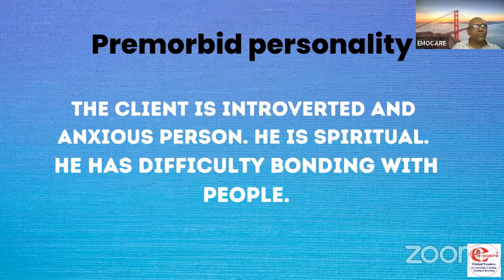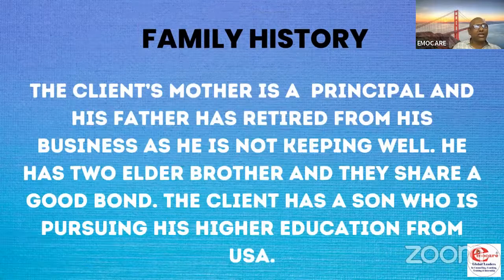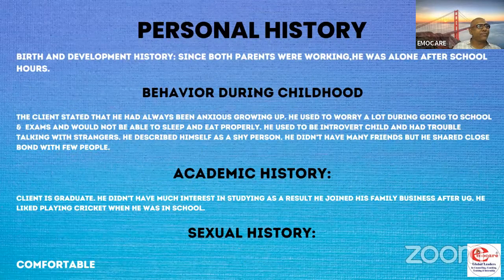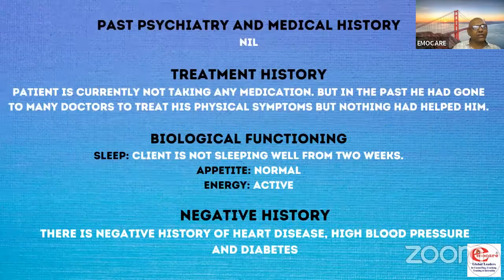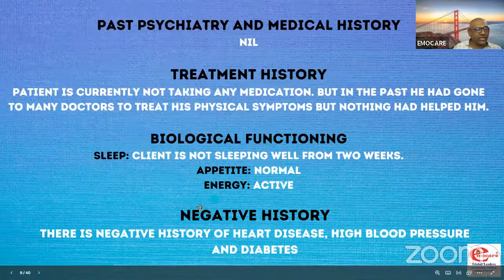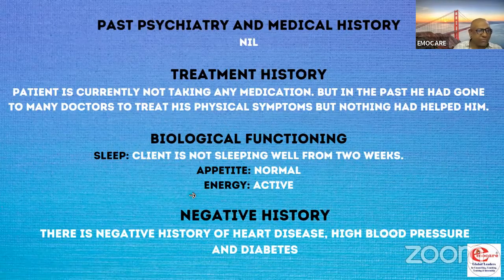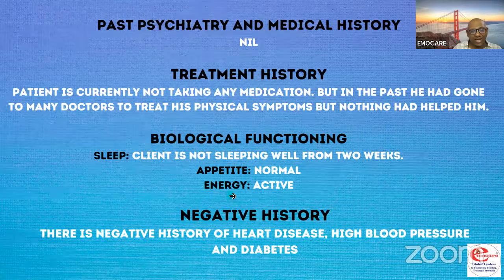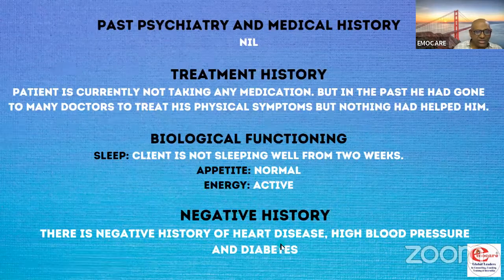Okay, so after the medical history comes the treatment history. What is the treatment she or he is undergoing now? Then biological functioning. What is her sleep? What is her appetite? What are her energy levels during the day?